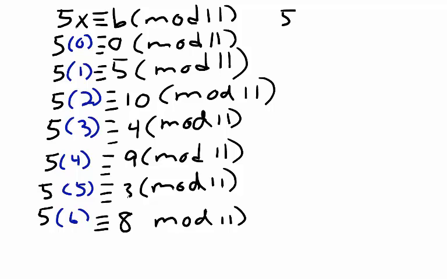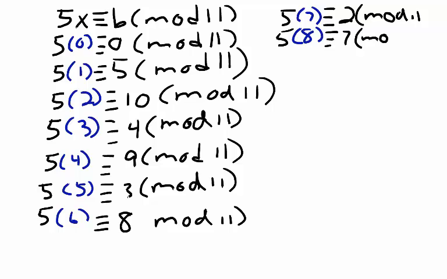Five times 7 is congruent to 2 mod 11. Five times 8 is congruent to 7 mod 11. Five times 9 is congruent to 1 mod 11.